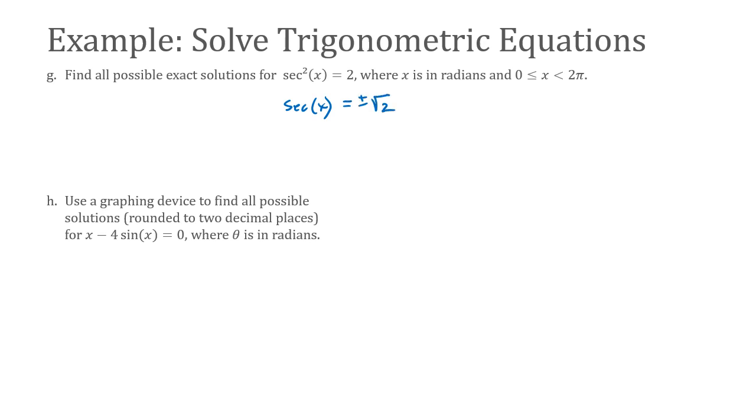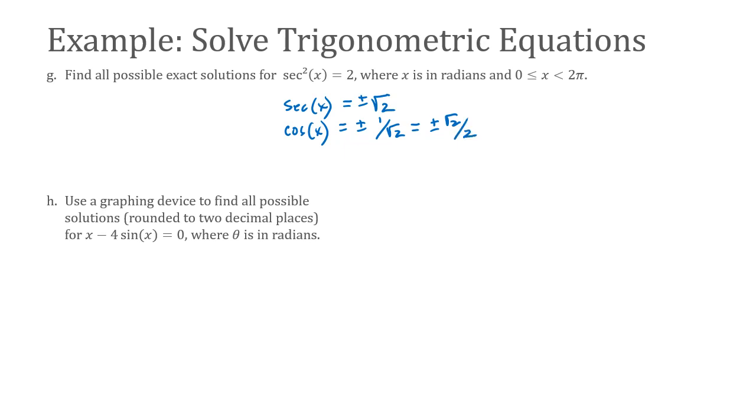Call this the secant of x is equal to plus or minus the square root of 2. Now, secant is the reciprocal of cosine, so I can rewrite this as the cosine of x equals the reciprocal of plus or minus the square root of 2, which is plus or minus 1 over the square root of 2, which is equal to plus or minus square root of 2 over 2.